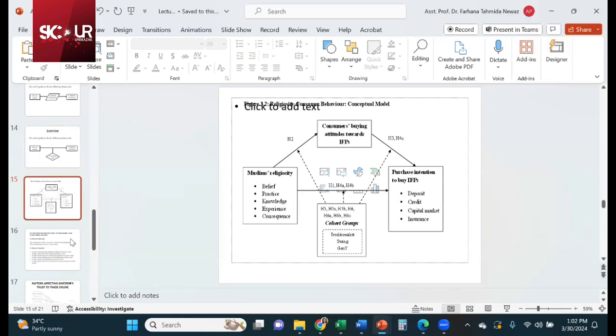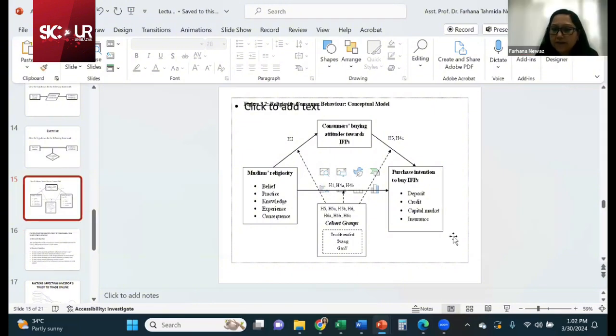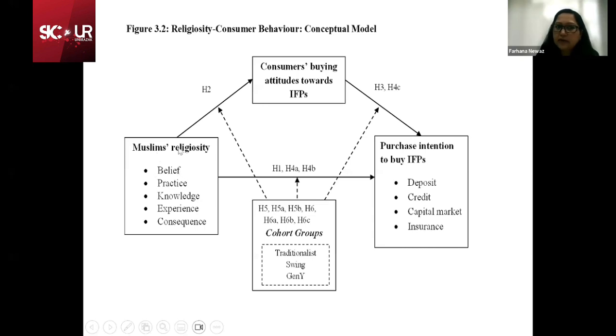In this case, religiosity is the independent variable, and this one is the dependent variable, my main interest of the study. Customer buying attitude is the mediator, and the generational cohort acts as a moderator.